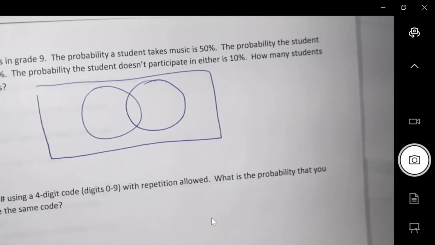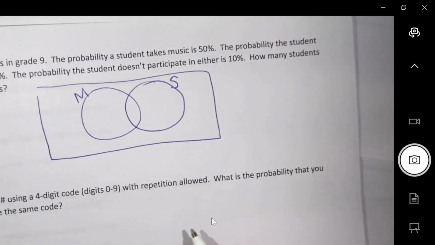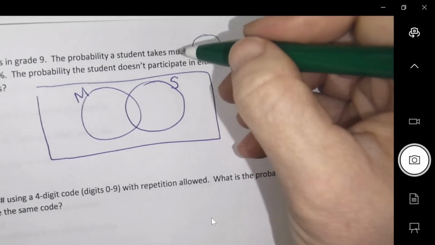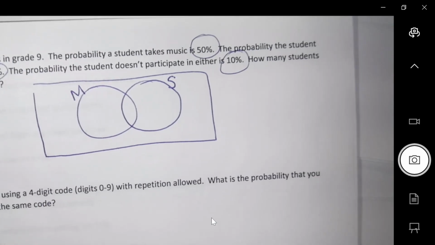So we need one circle that is music, and one that is sports. There's a 50%, a 60%, and a 10%.